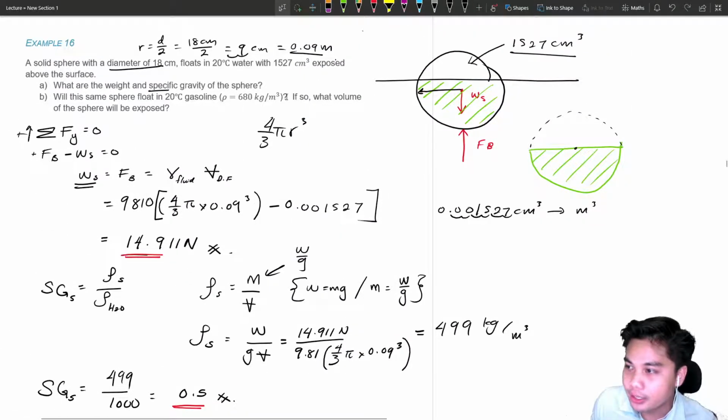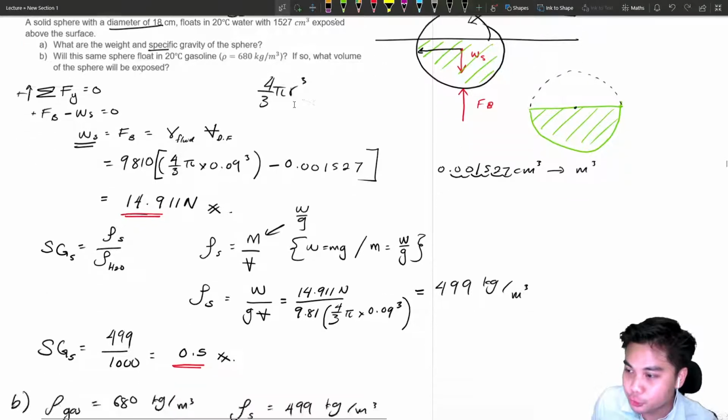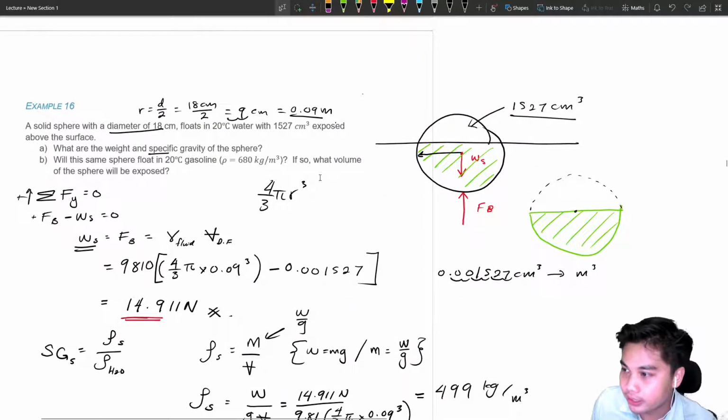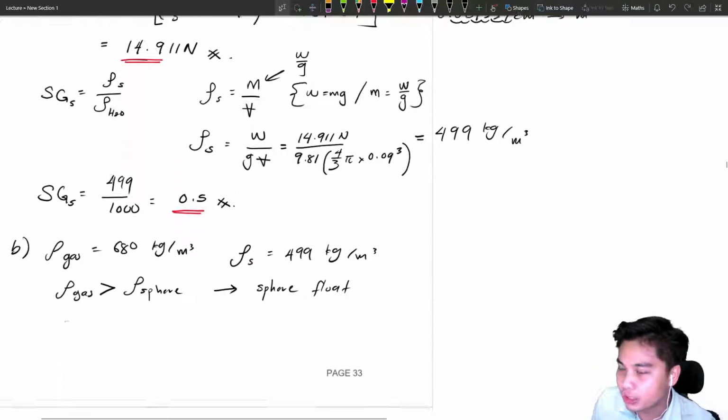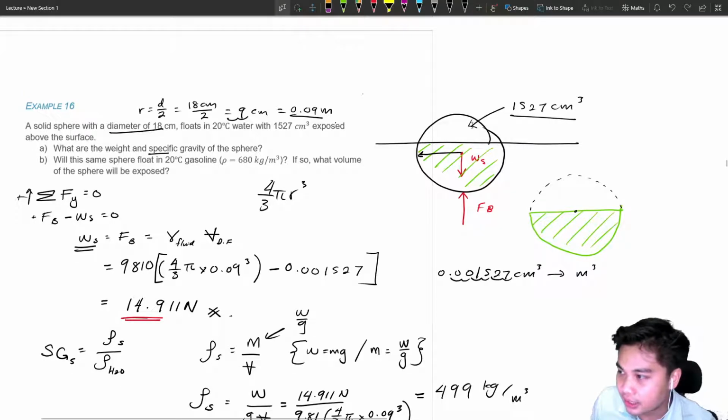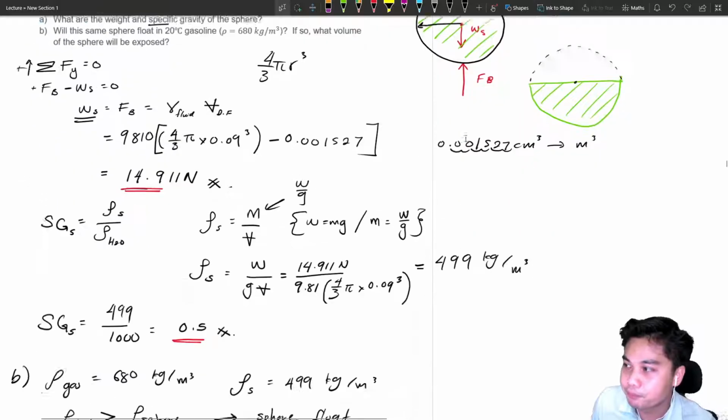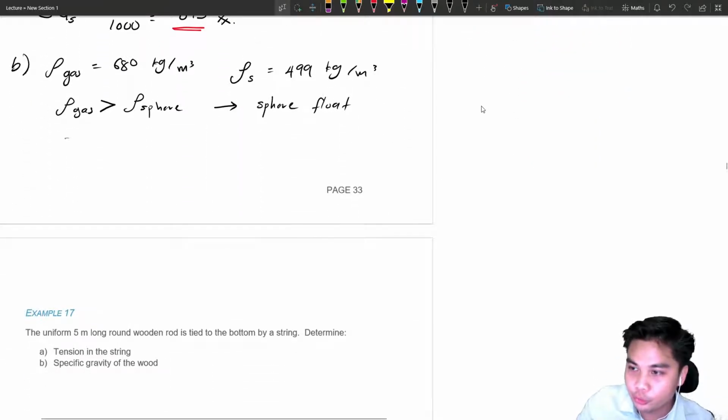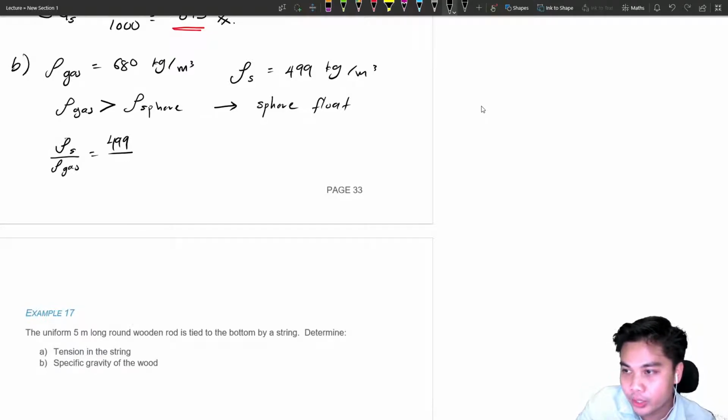Since it floats, the question asks what the new exposed volume is. We use the ratio of the density of the sphere over the density of the gasoline, which is 499 divided by 680, equal to 0.733.